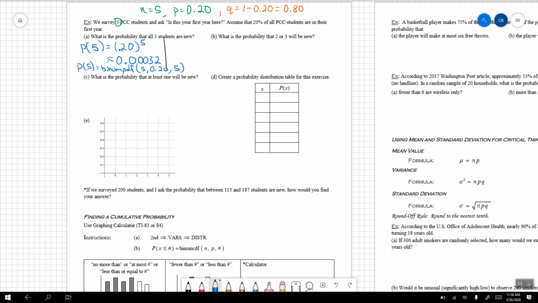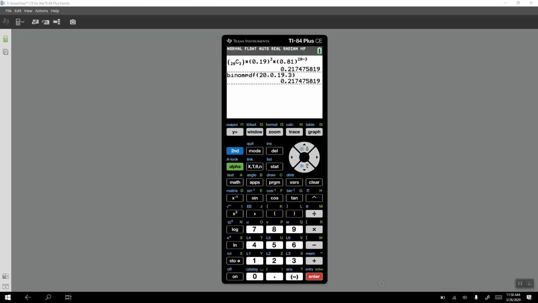Great. Now we're going to go to the calculator. On the calculator, we're going to go to the binomial distribution. To access that distribution, you're going to press second, VARS. Now go downward. And remember, we got to go all the way down to the letter A for that binomial PDF. Hit enter. Enter the trials.